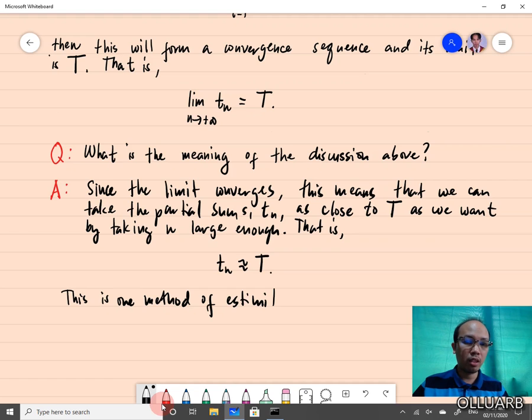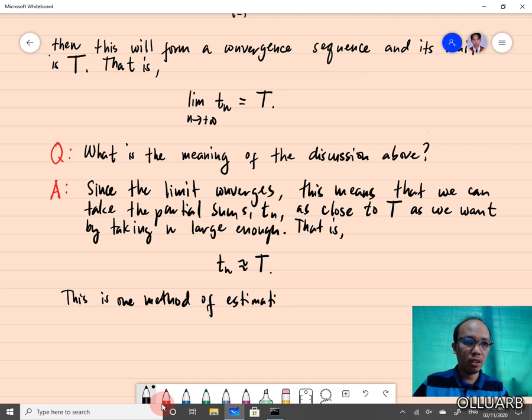But other than that, other series like the ones we use in the direct comparison test, limit comparison test, integral test, alternating series test, and many other tests, we cannot get the actual value of the sum of the given series.